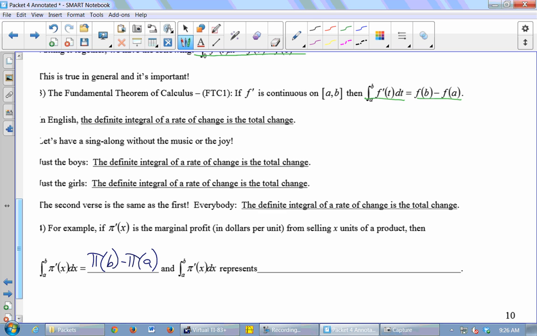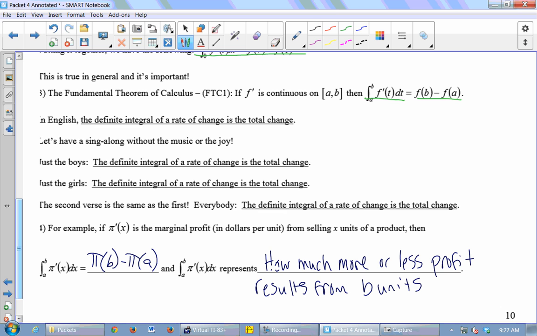And it represents the change in profit, right? It represents the difference in the profit when you make b units versus when you make a units. How much more or less profit results from b units than a units.